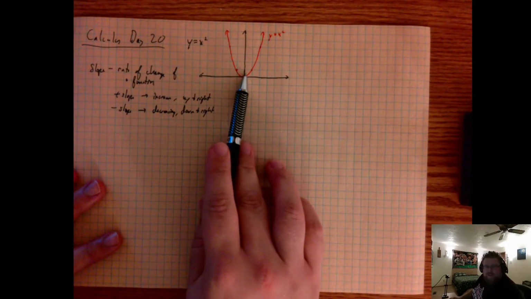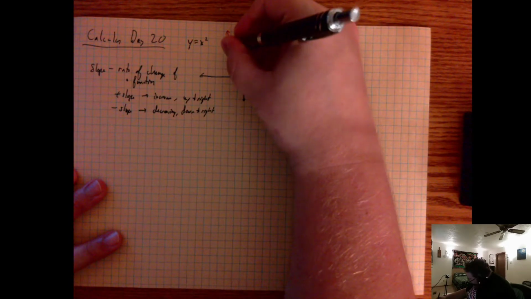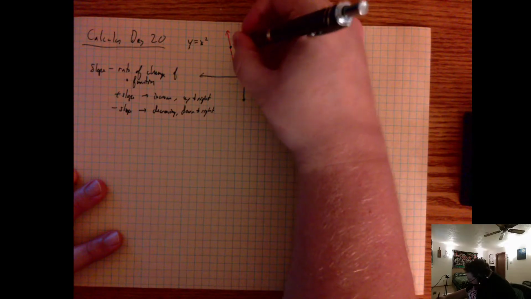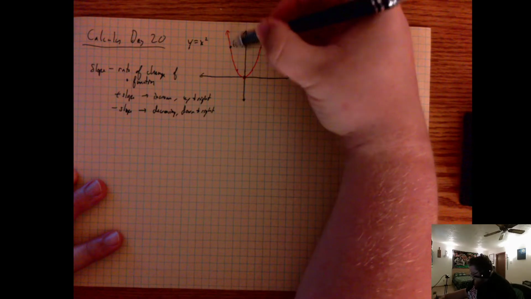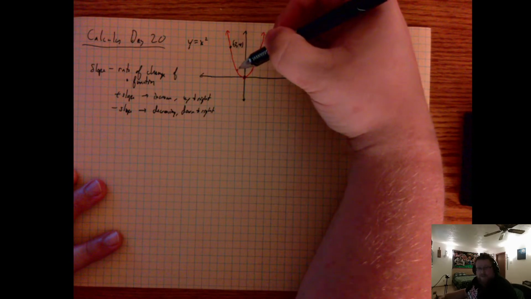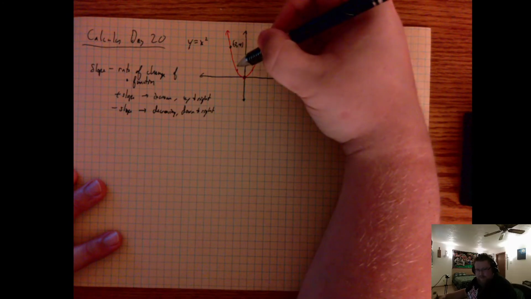Notice that this particular graph illustrates both of those properties. At this dot right here, (-2, 4), the graph is tending downwards, meaning it would have a negative slope, because over time, at this dot, we are going lower. We are going down and to the right.